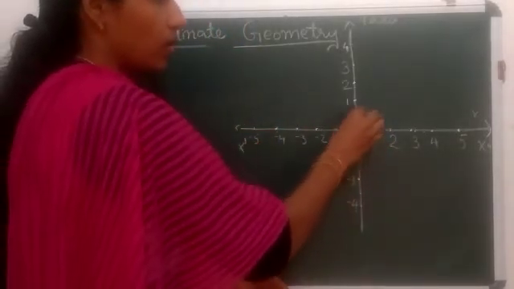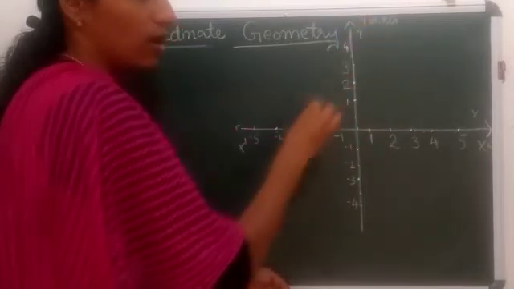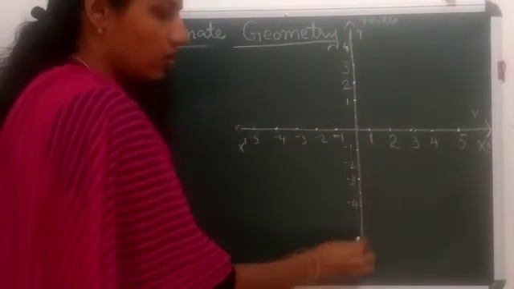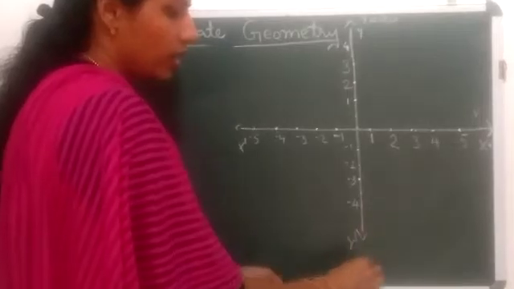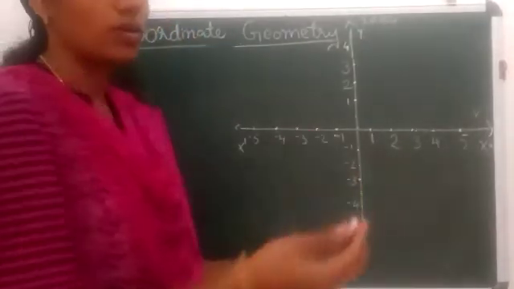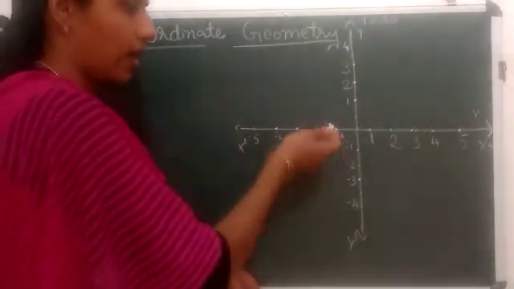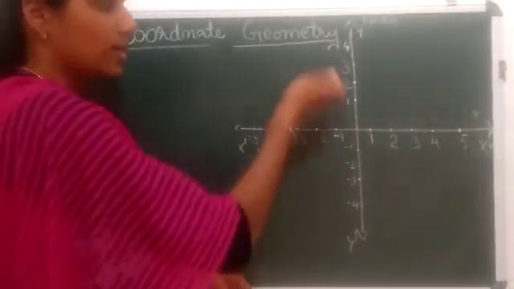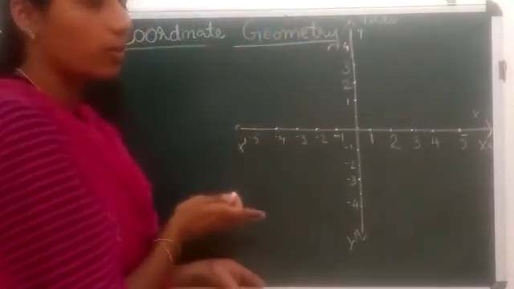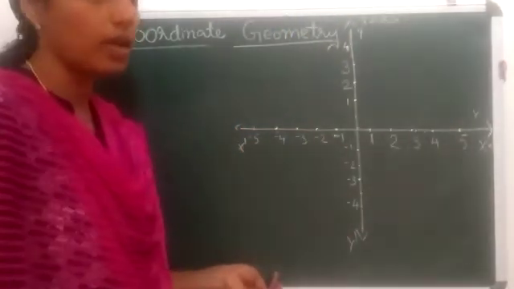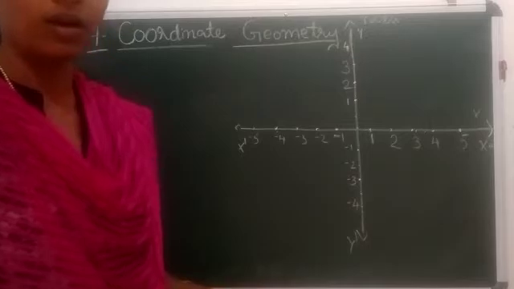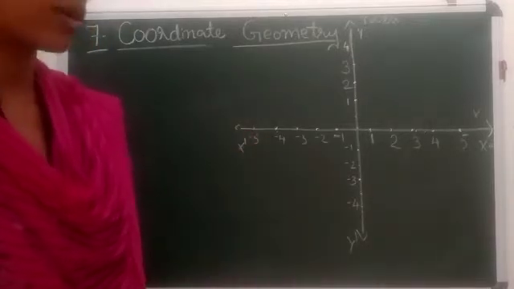In the same way, this is y, and this is y dash. On the right side it should be positive and the left side negative. Similarly, the upward direction is positive and the downward direction is negative. You have learned all that in your small class.